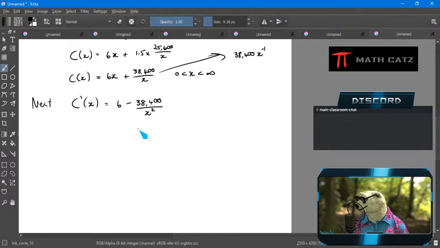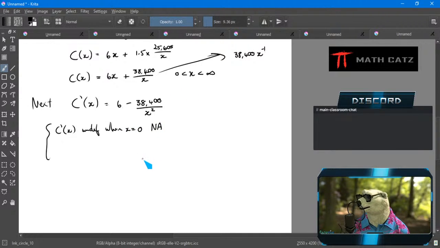Now here, I have 2 issues, and I need to check them. I'll do the undefined one first. It's undefined clearly when x is equal to 0. But equaling 0 is not a practical possibility for me. So I can ignore that moving on.